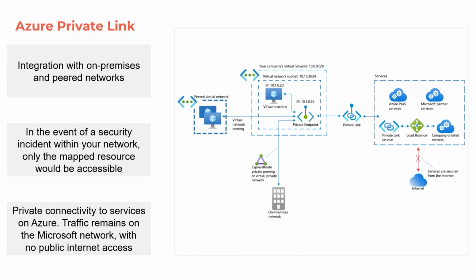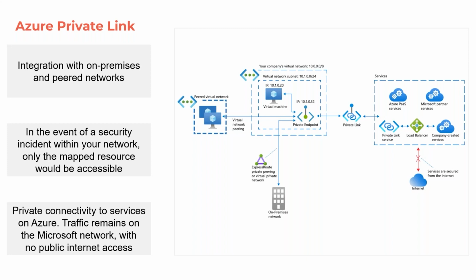So the private link has different benefits. We can access privately services on the Azure platform. We can extend our own services. We have a global reach with these services, and it protects against data leakage, because it's the private endpoint that we map to a PaaS resource instance. It is encrypted.